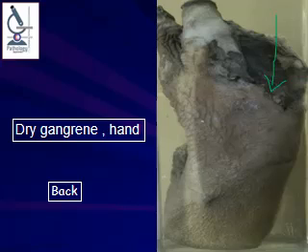The distal part, meaning the most distant part of the organ, of the hand is dry black in color and shrunken or mummified. The line of demarcation between the gangrenous part and the viable tissue is well defined.